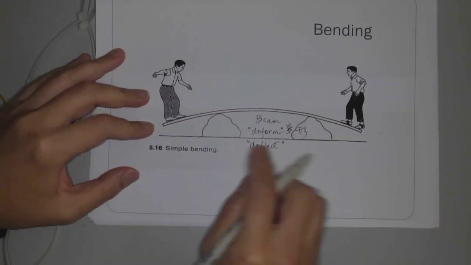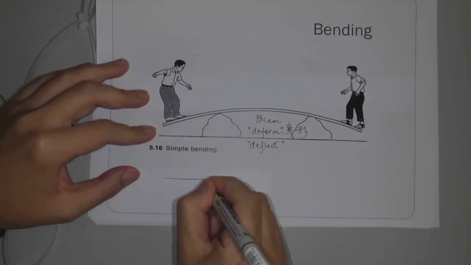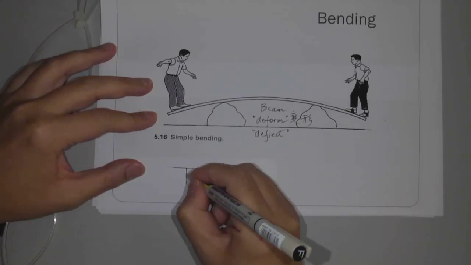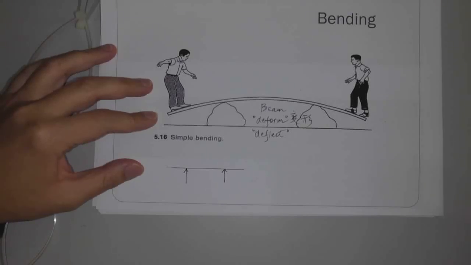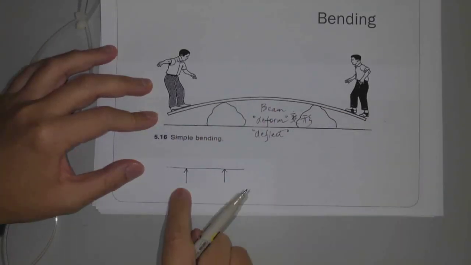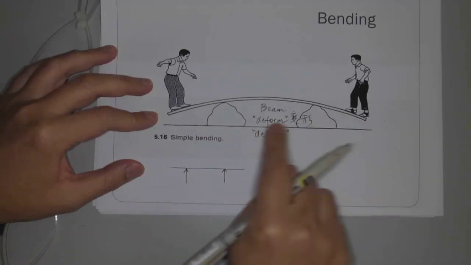So let me just draw it. I just redraw the thing here. So to make it clear, I have a beam with two supports here and there. Now I'm just redrawing this thing here, right? And I've got two supports. And where are the loads?